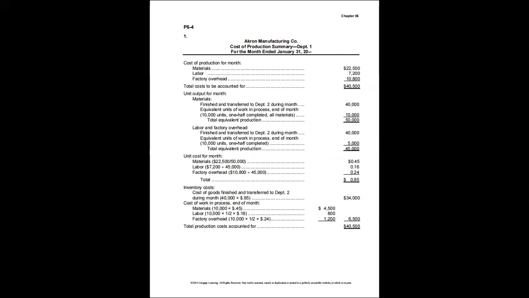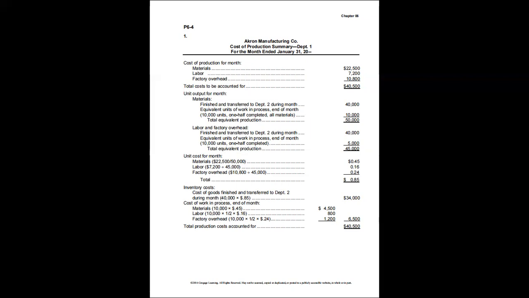In each department, it's assumed that the labor and factory overhead are applied evenly throughout the process. At the end of January, the production reports for the month show the following. So we have in Department 1 started 50,000 units, finished 40,000, in process at the end is 10,000, and only with the stage work done, one half.